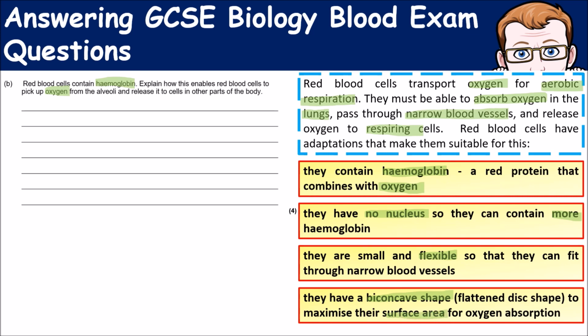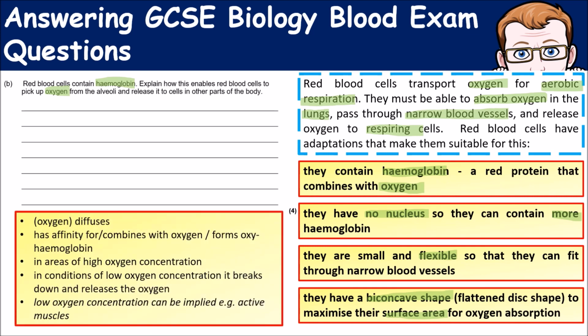If we look at the key things we need to talk about when answering this question, you need to talk about the fact that oxygen diffuses. The hemoglobin has a high affinity, which just means that it binds well with oxygen, when the oxygen is at a higher concentration.